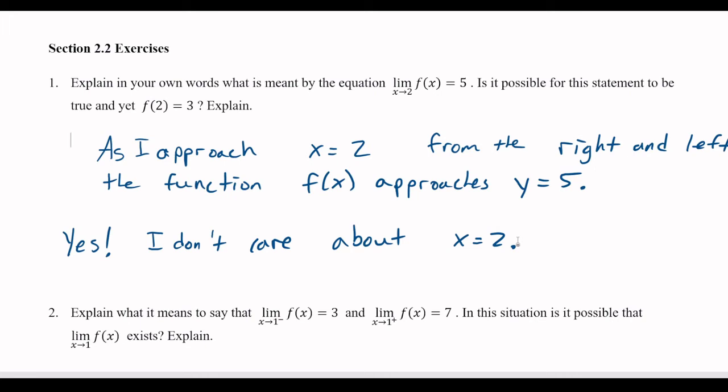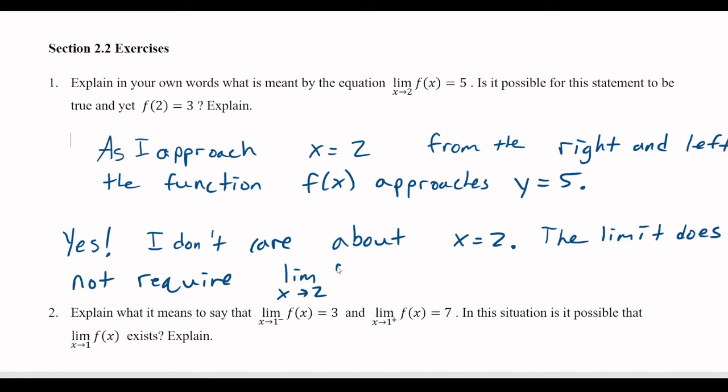Awesome. We can also have that they don't, and that's perfectly fine, right? The limit does not require, now, we will talk about when they do line up, and that's going to be important. But for now, we do not care. The limit does not require that as I go to 2 with this function, it equals plugging into.